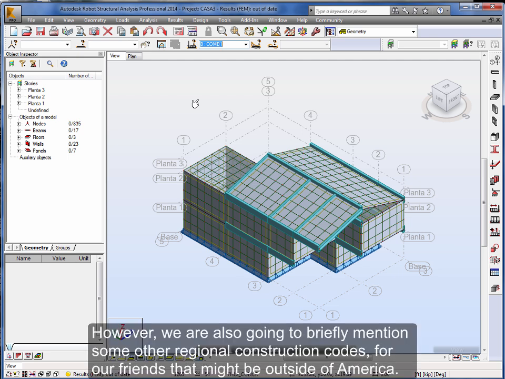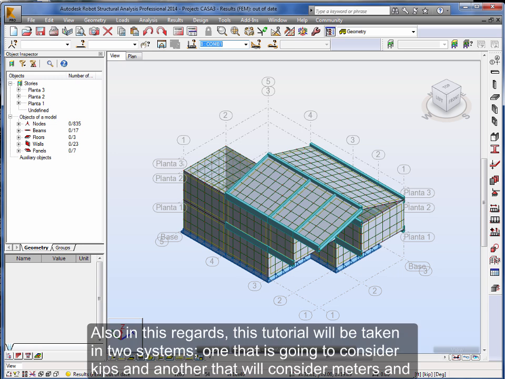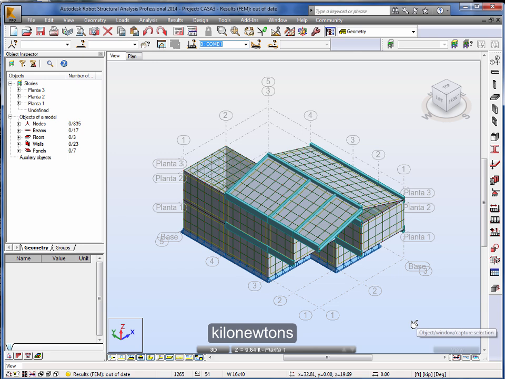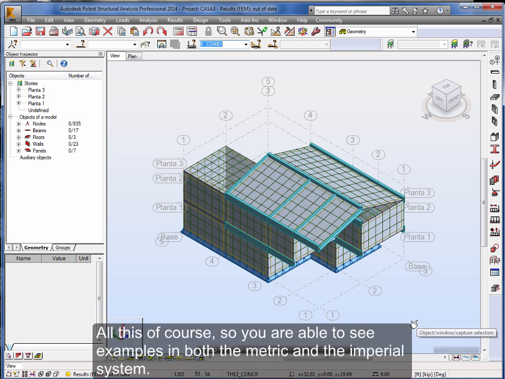However, we are also going to briefly mention some other regional construction codes, for our friends that might be outside of America. Also in this regard, this tutorial will be taken in two systems, one that is going to consider kips, and another that will consider meters and kilonewtons. All this of course, so you are able to see examples in both the metric and the imperial system.